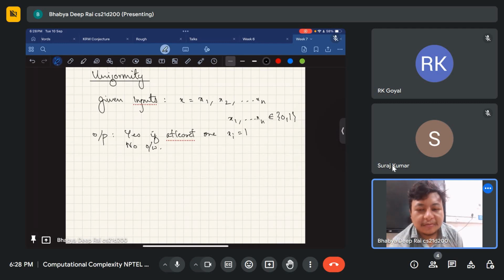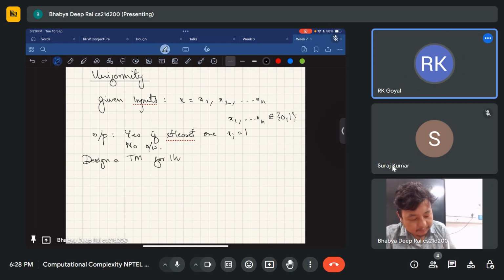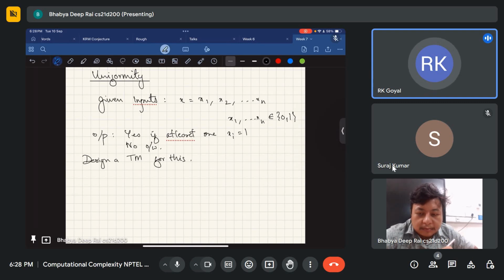Now design an algorithm for it. How does the Turing machine work? The Turing machine will keep on moving towards the right, replacing the symbol by itself, until the Turing machine finds a one.